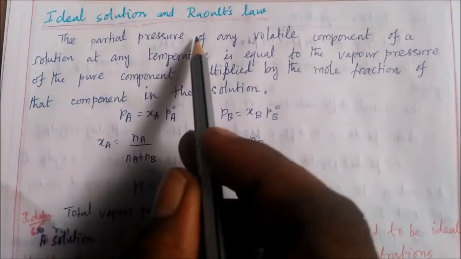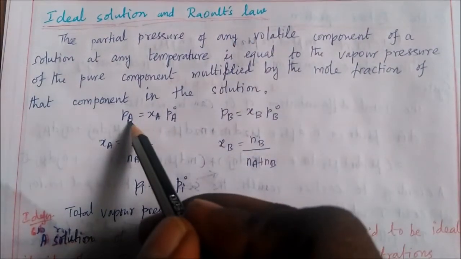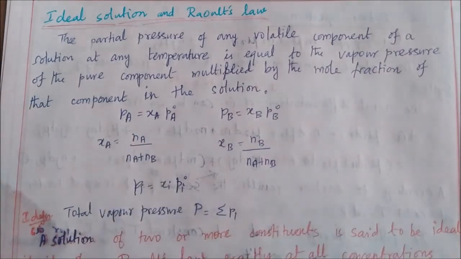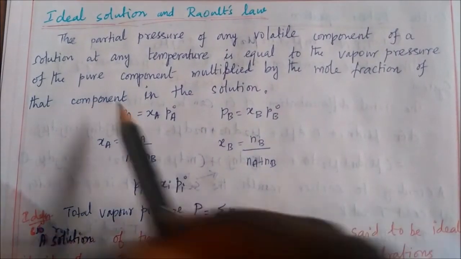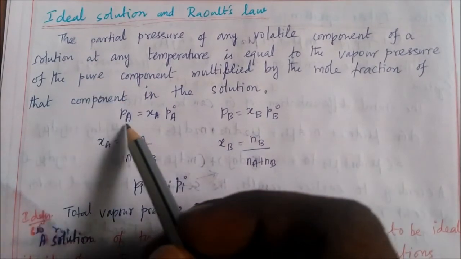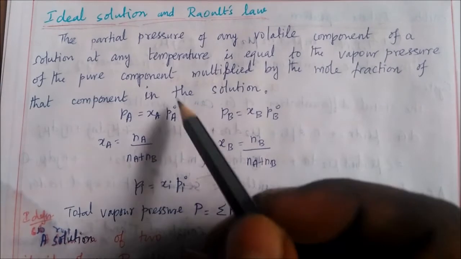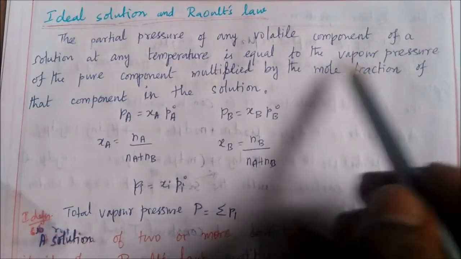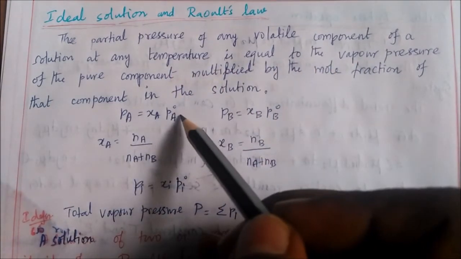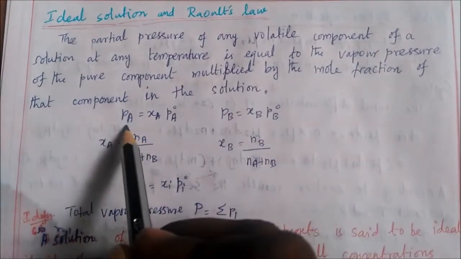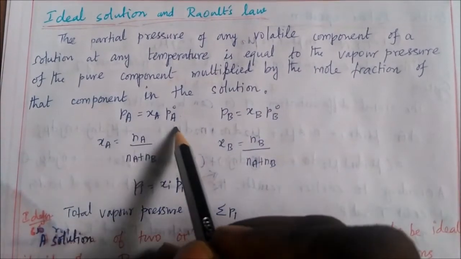Pa is the partial pressure of the constituent, and Pa is equal to Xa into Pa0. That is the vapor pressure of the pure component, Pa0, multiplied by the mole fraction of the component. So we have a subscript A here.